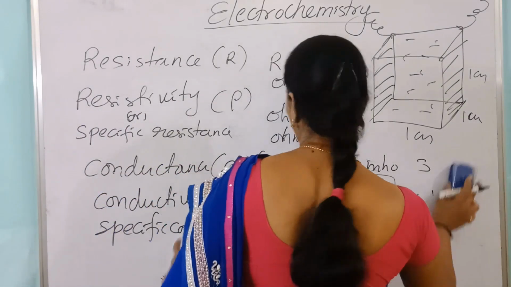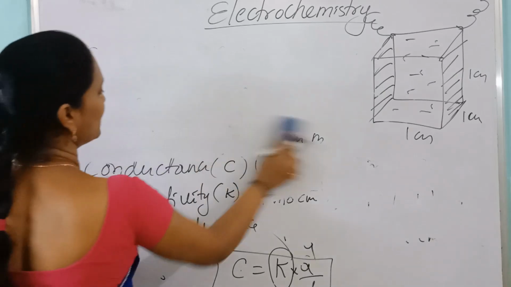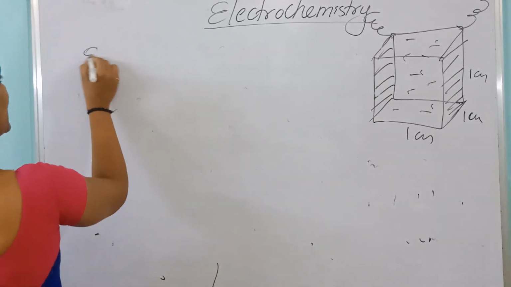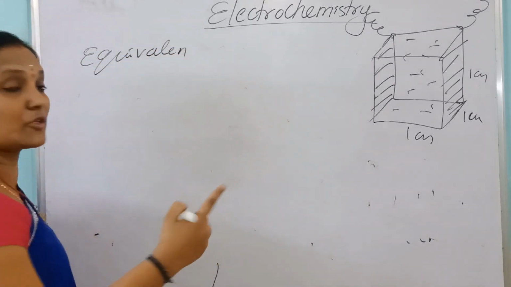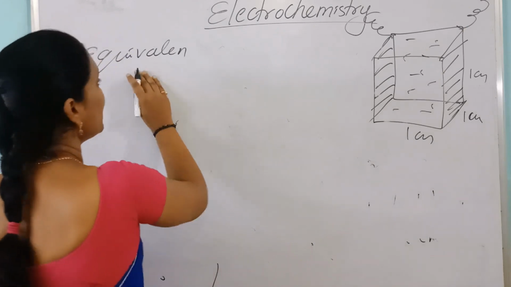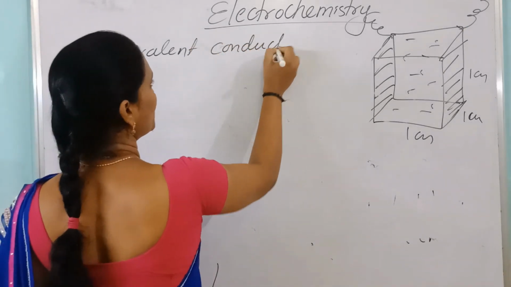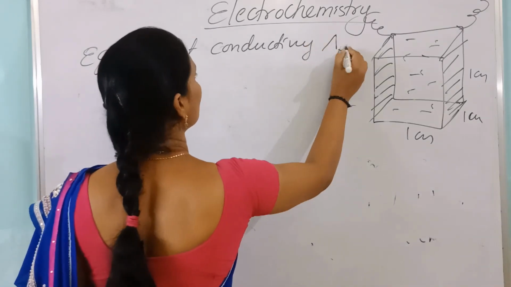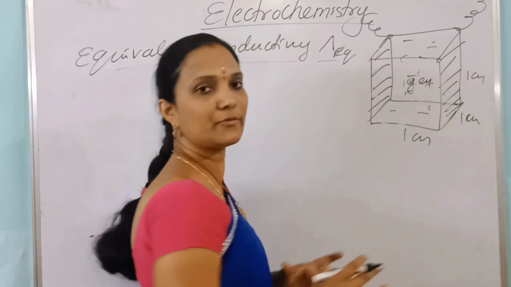That's why, to get clarity, instead of specific conductance we are using molar conductance and equivalent conductance. Different electrolytes are used, different values we are getting. That's why we are using equivalent conductance. 1 gram equivalent of electrolyte we are using.